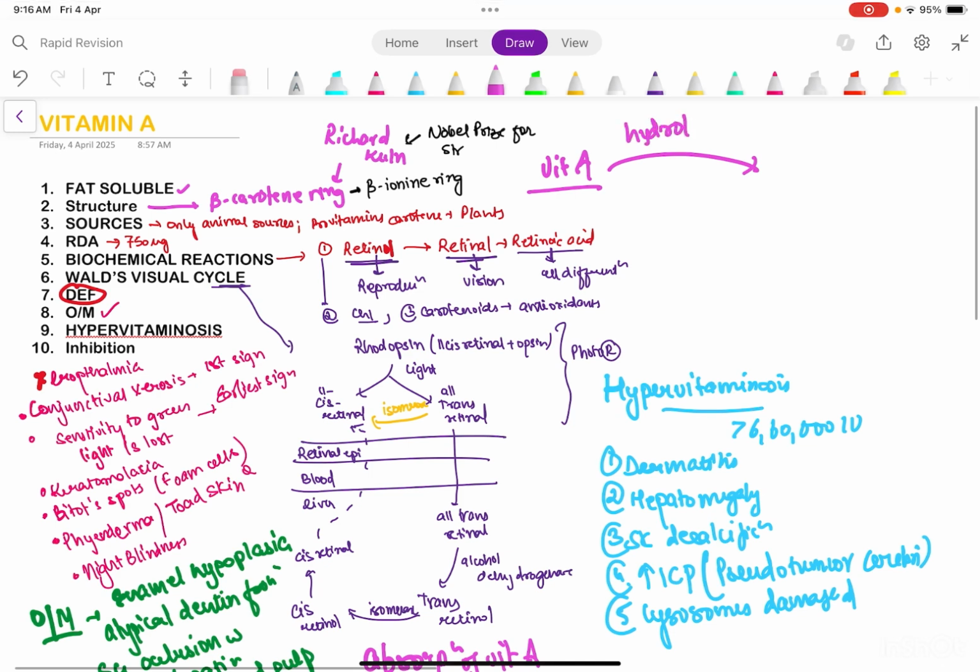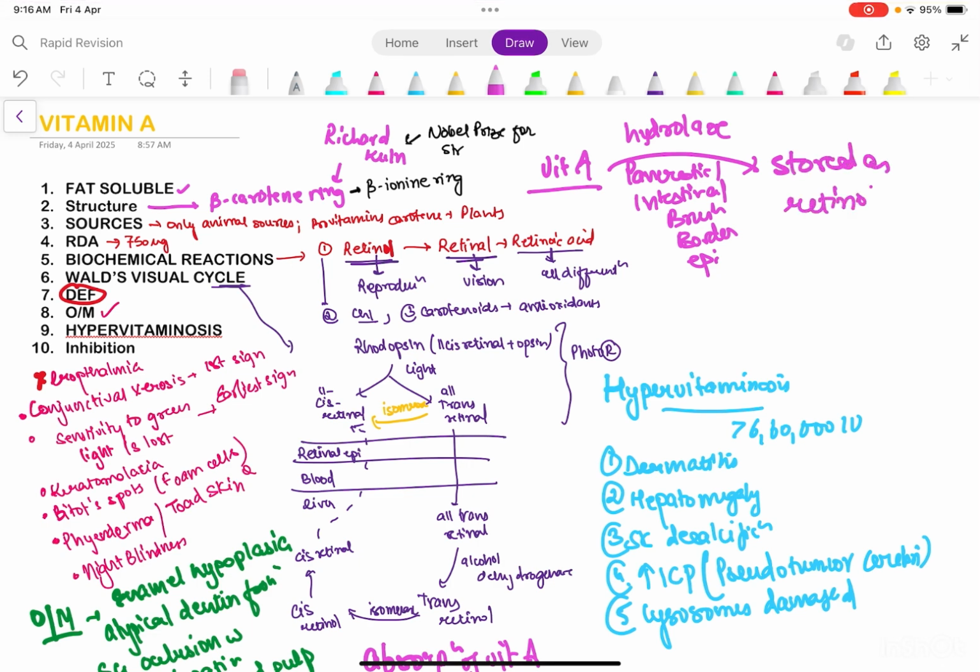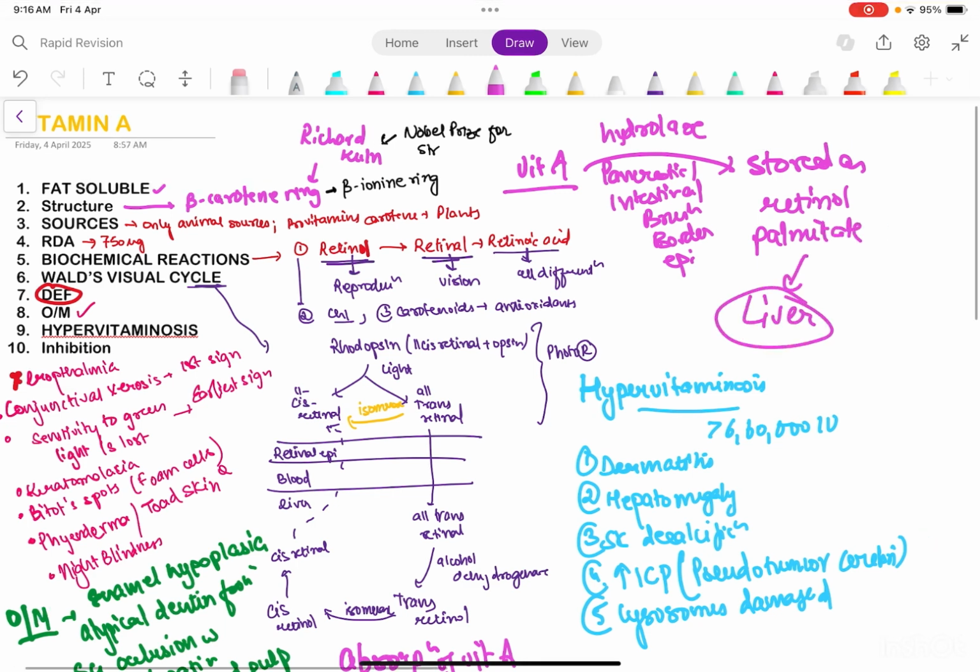Vitamin A is hydrolyzed by hydrolase in the pancreatic or intestinal brush border epithelium, all right, and it is stored as retinol palmitate in the liver.